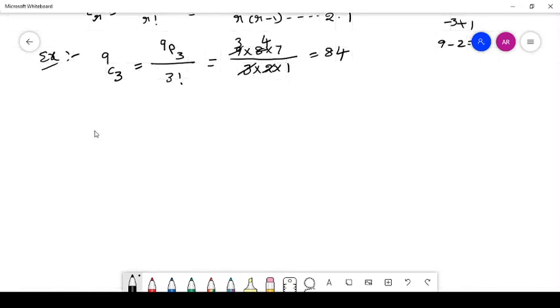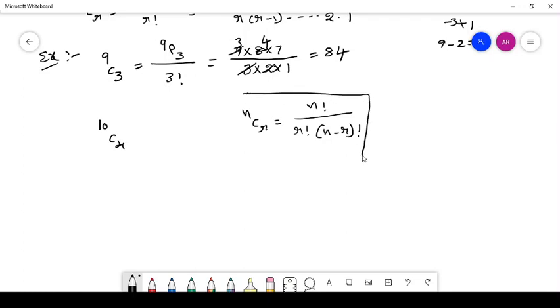Next, 10C4. Here we are using nCr is n factorial by r factorial into (n minus r) factorial.